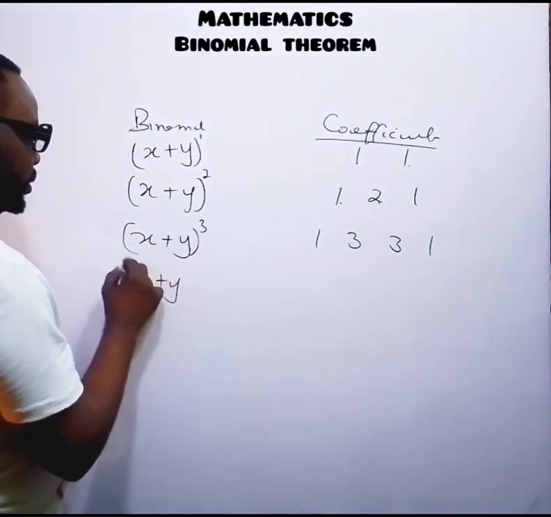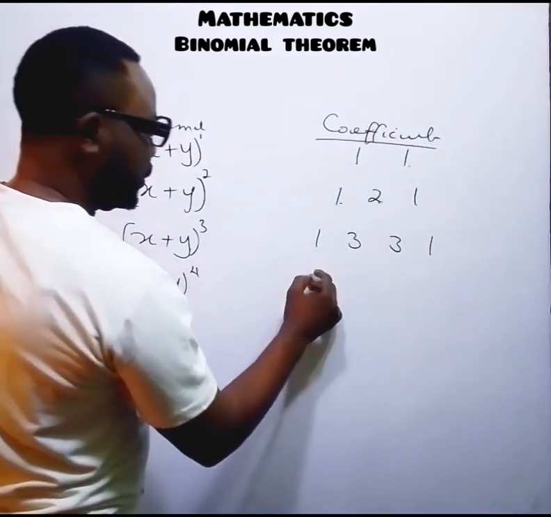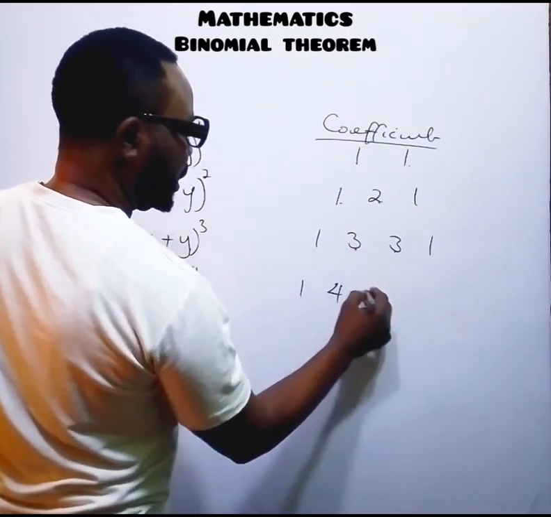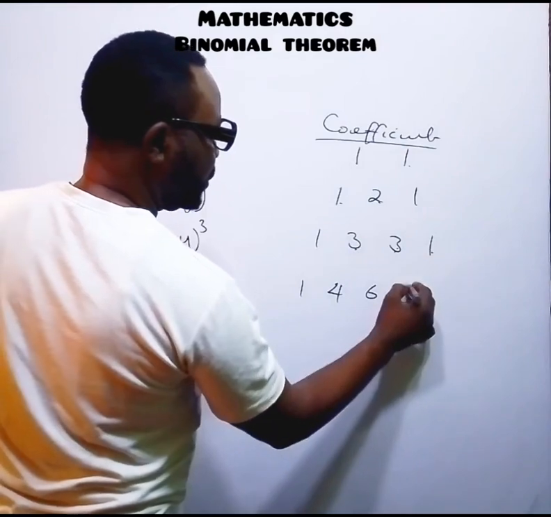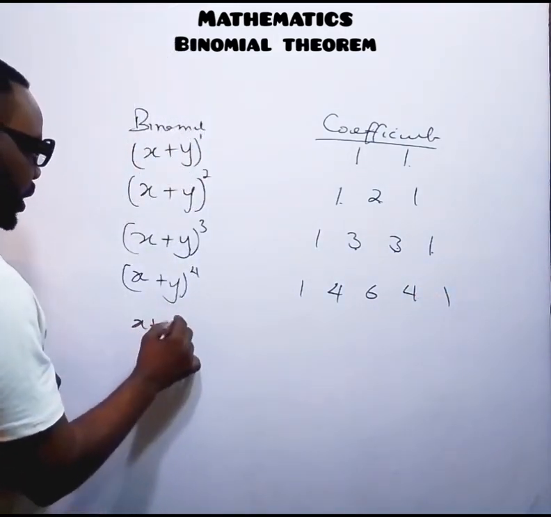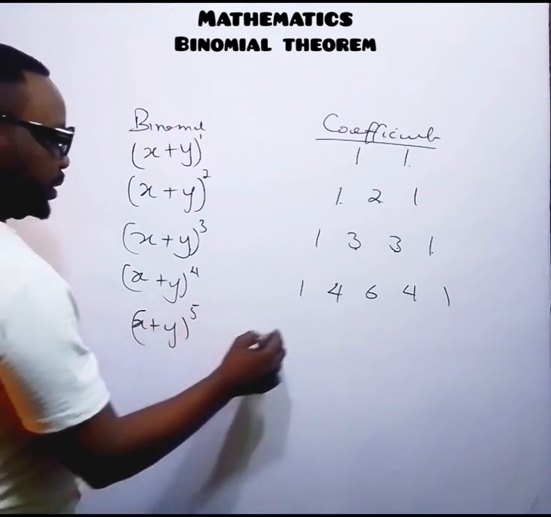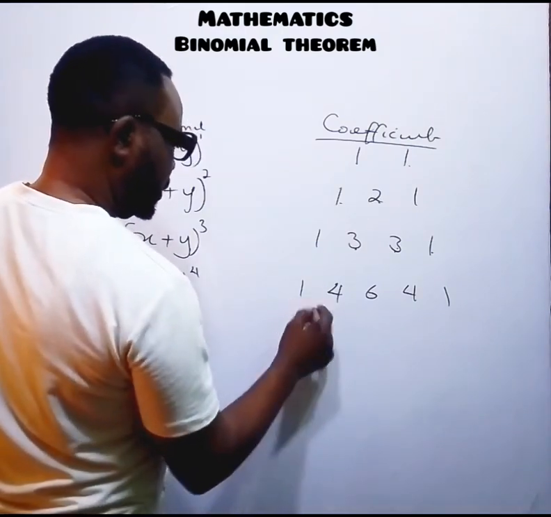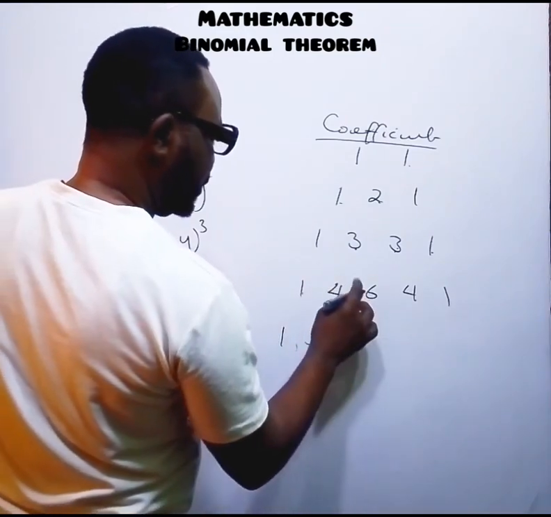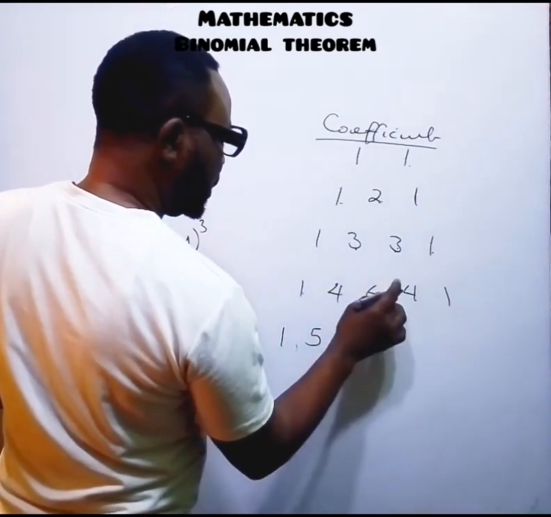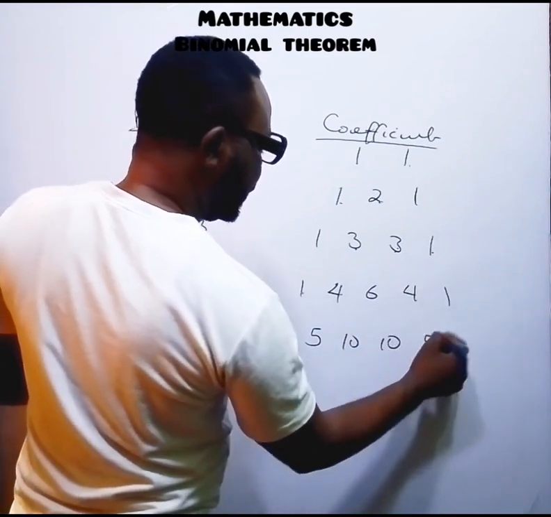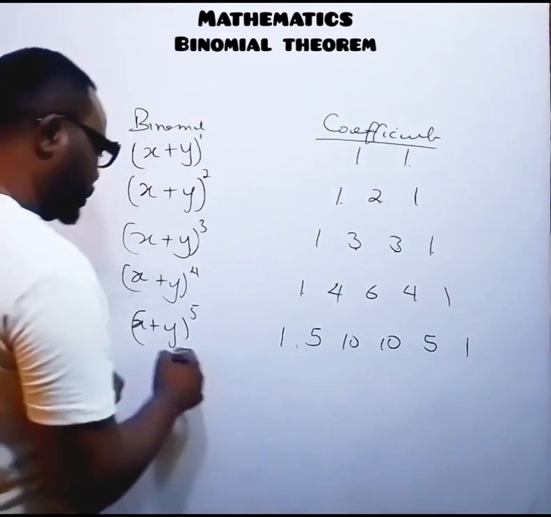X plus y raised to the power of 4 will give us 1, 1 plus 3, 4, 3 plus 3, 6, 3 plus 1, 4, and 1. X plus y raised to the power of 5 will give us 1, 1 plus 4, 5, 4 plus 6, 10, 4 plus 6 again, 10, 4 plus 1, 5, 1.